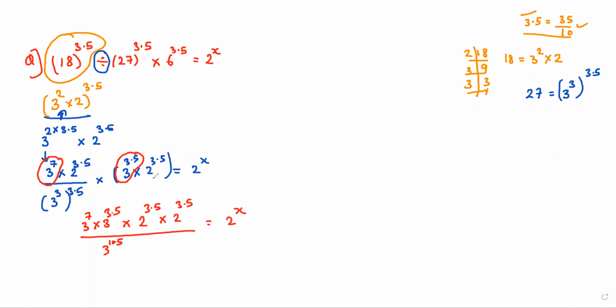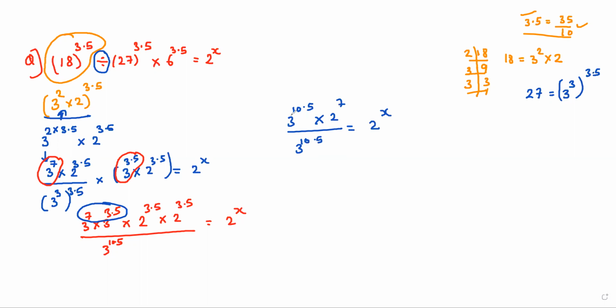Now if you see carefully, I can add this 2. This 7 plus 3.5 will become 10.5. 3 to the power of 10.5 into 2 to the power of 7 whole divided by 3 to the power of 10.5 is equal to 2 to the power of x.